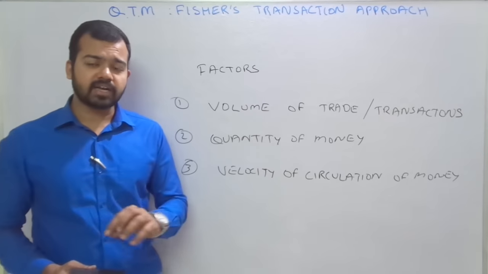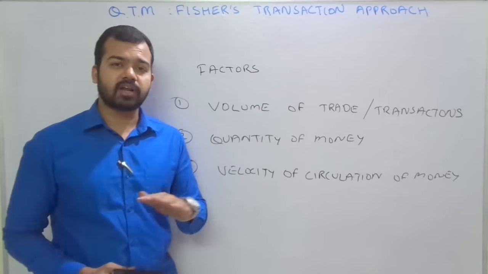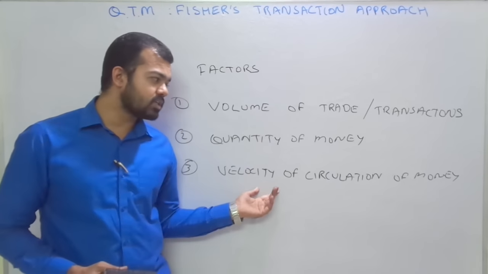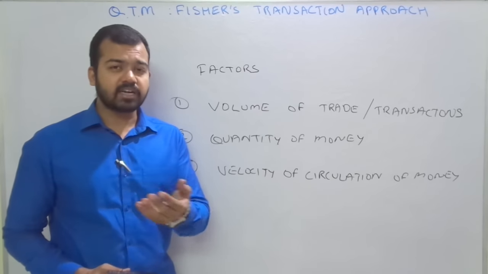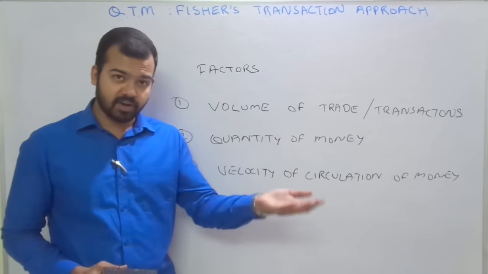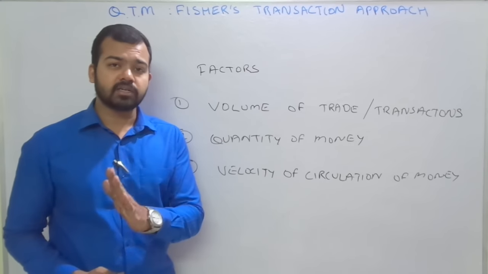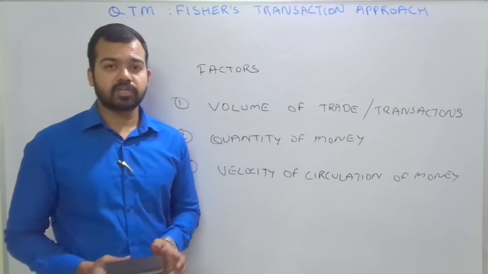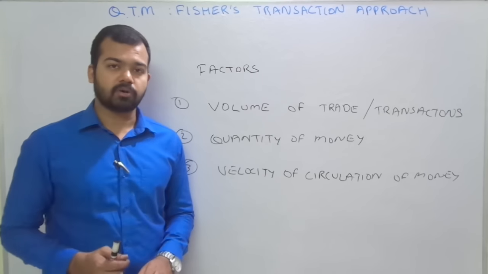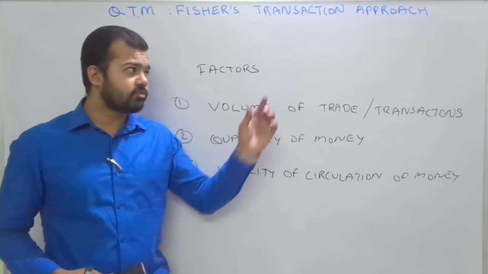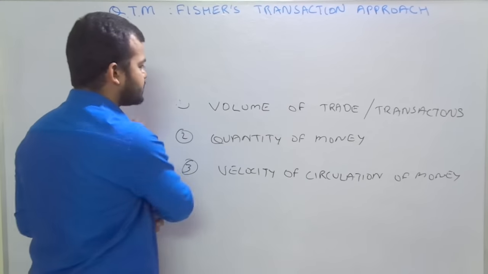If we assume the velocity of circulation of money is 5, it means the same rupee 1 can travel 5 times, or change 5 hands, in the economy. That is why the same rupee 1 is equivalent to rupees 5. So the velocity of circulation of money is the most important thing in Fisher's transaction approach.